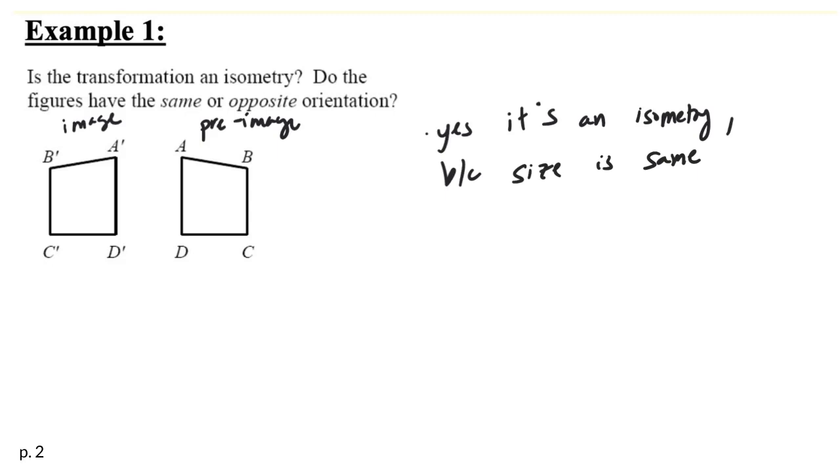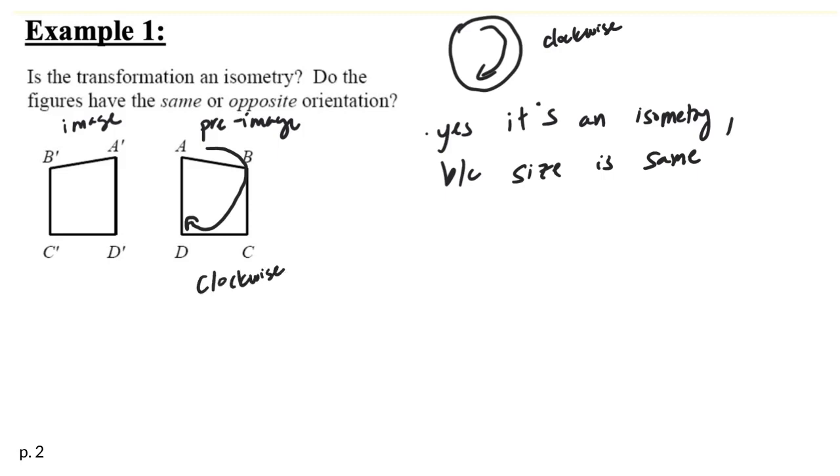Now to answer the second question, I want to look at the orientation of points in my pre-image. To get from A to B, B to C, C to D, we're going in this direction. When I think about a clock, I know that it turns in that direction, and so that's clockwise. Now I want to look at the order of points in my image, to see if it is clockwise or counterclockwise, to determine whether it's the same or opposite orientation.